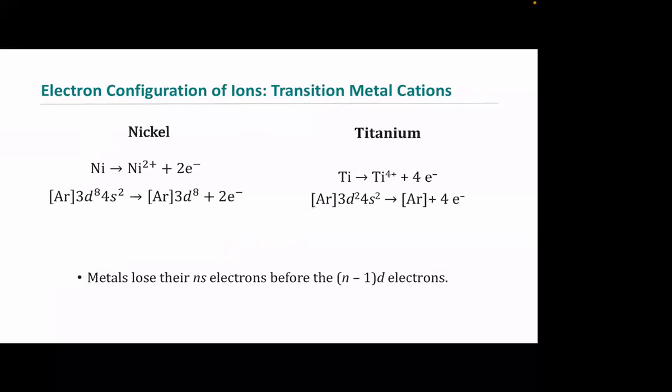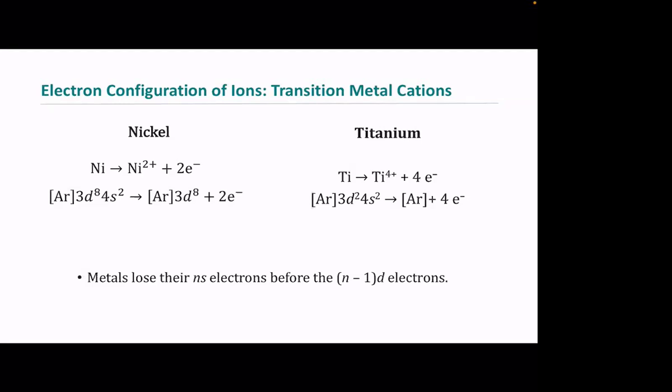Now, these are the transition metals, and this is how they lose electrons. Nickel loses 2 electrons, and it loses them from the higher principal quantum number, the 2 4s ones. Losing 2 from the D doesn't accomplish much; you'd still have 6 there.